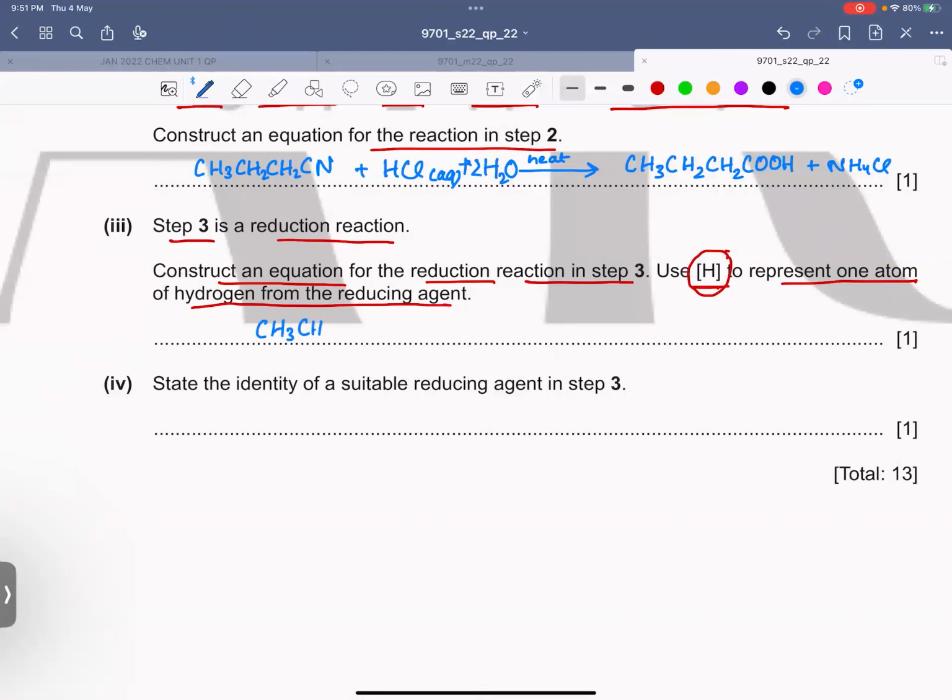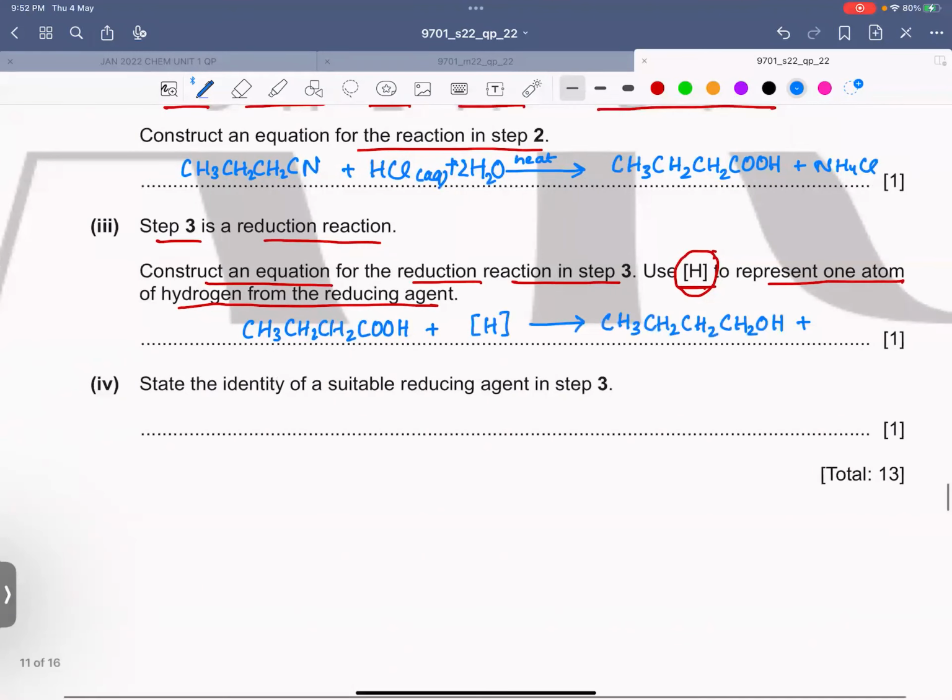So here CH3, CH2, CH2, COOH, and then we use our atomic hydrogen over here. And we know that the carboxylic acid is going to turn into an alcohol, right?